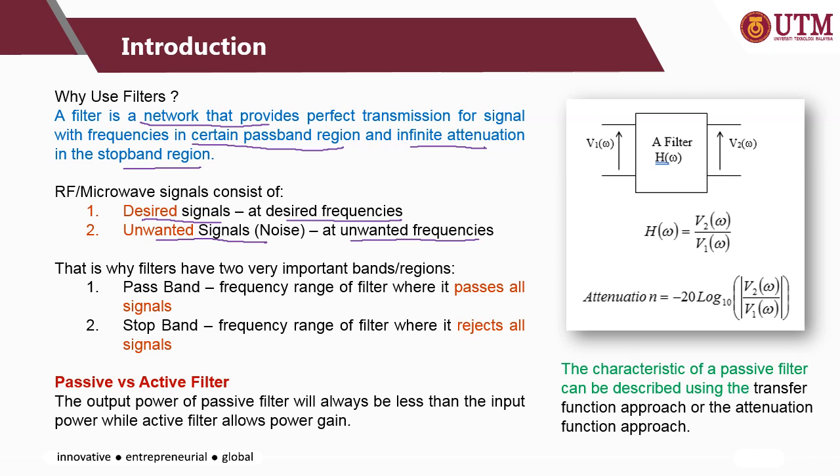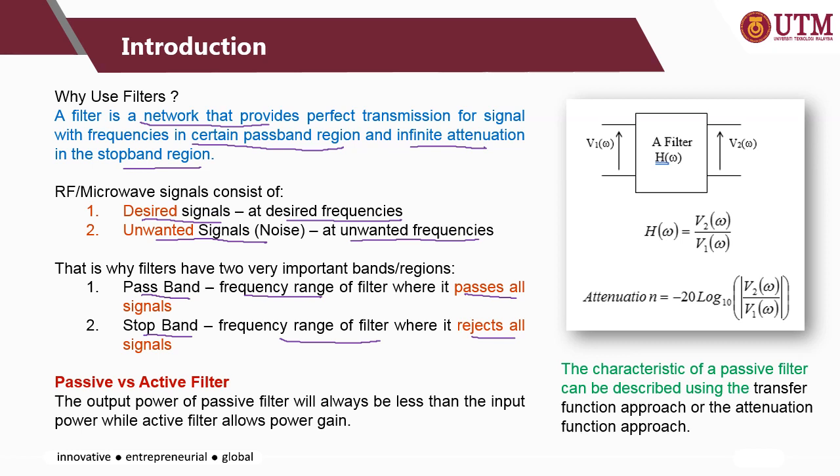So the filter has two important bands or regions: the passband and the stopband. In the passband region, all signals that lie within it will be chosen or filtered in, while signals within the stopband area of frequency bands will be rejected.